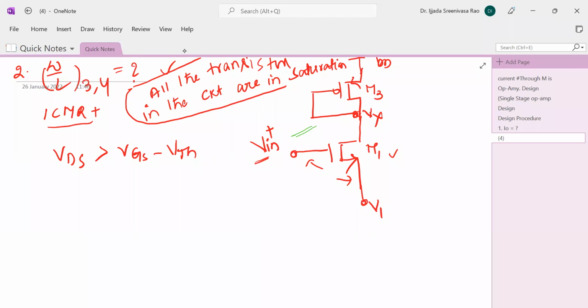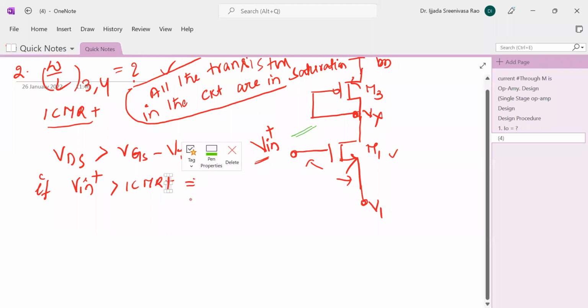So I can write here: if Vin plus is greater than ICMR plus, then M1 will go into the triode region.